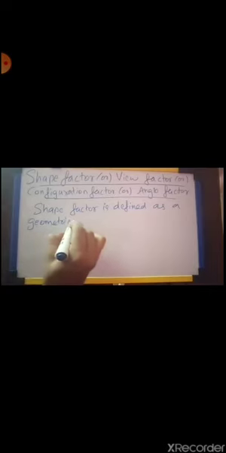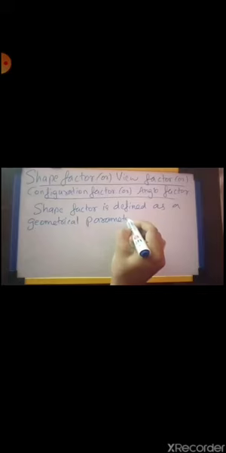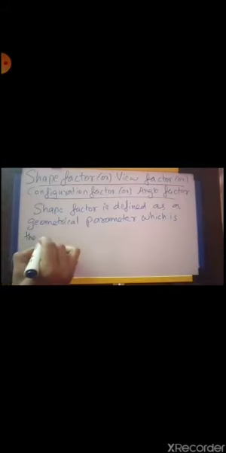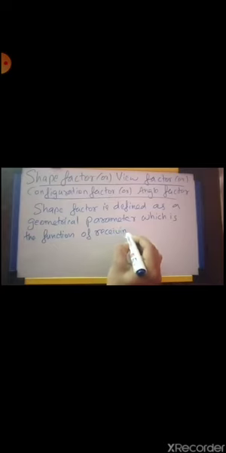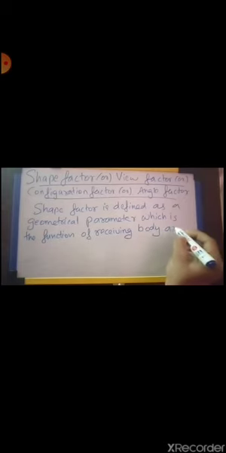Shape factor is defined as a geometrical parameter which is a function of the area of the receiving body, the separation, that is the distance between the two bodies, and their respective location.